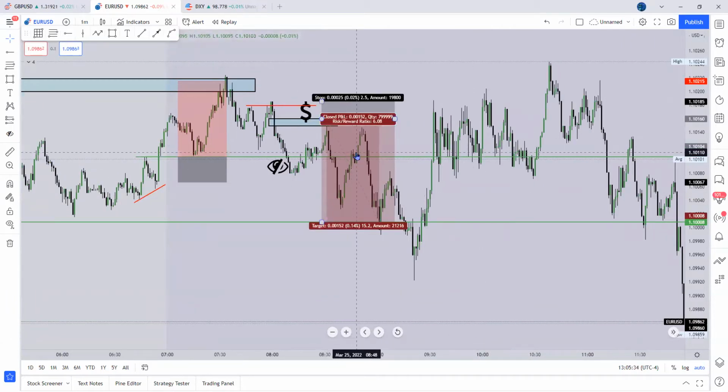Now, does everybody see why I took this trade on my personal account? Does everybody see that? Yes, sir. Sir, I took this type of trade most often. Yeah, so it's a very simple trade, right? It's a very simple trade to take. It's not something that ends up being very difficult.